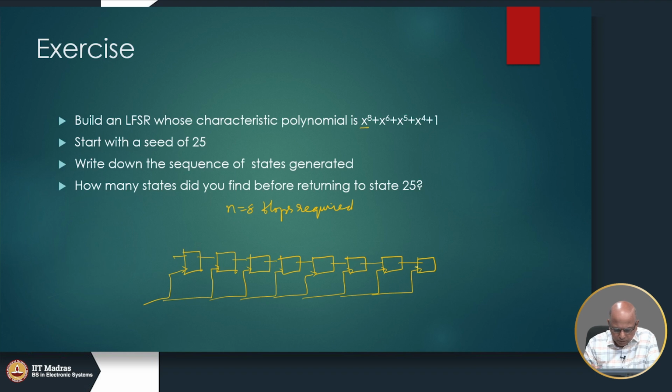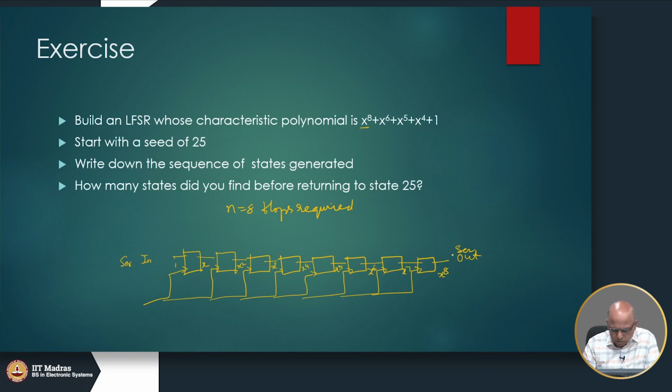Right. So, let us say this is our serial input and serial output. Sometimes we can write it as serial in and serial out. It is a good idea to label these as 1, x, x square, x cube, x power 4, x power 5, x power 6, x power 7 and x power 8.